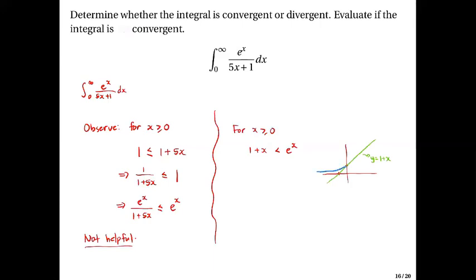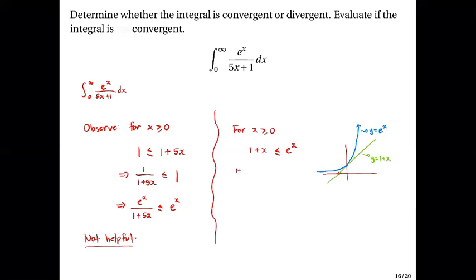They will intersect there, but it will rise up there. So here you have y equals e to the x. E to the x will be greater than or equal to 1 plus x for all x, actually. We have the equality there.